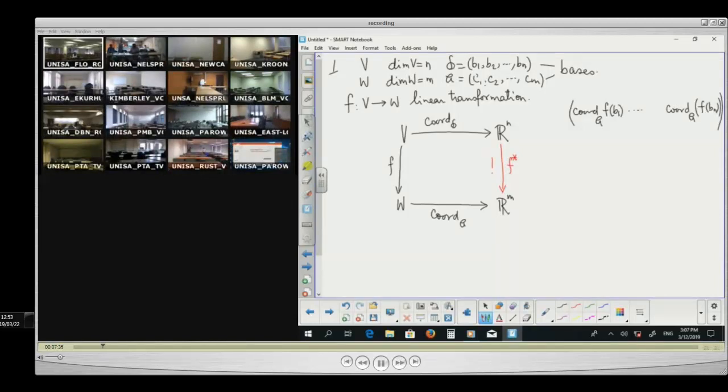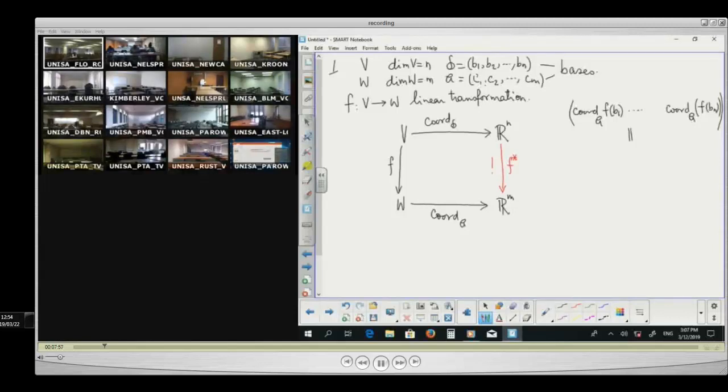Well, if you look into this matrix, whose first column is the coordinates with respect to the basis in W of the image of the first element. The second column will be the image of the second one and its coordinates with respect to that, and so on, right?